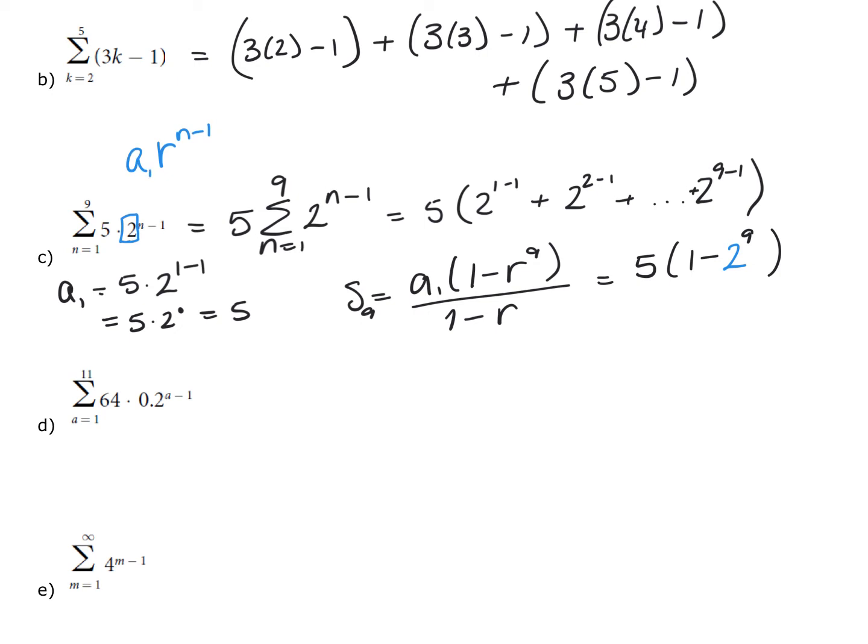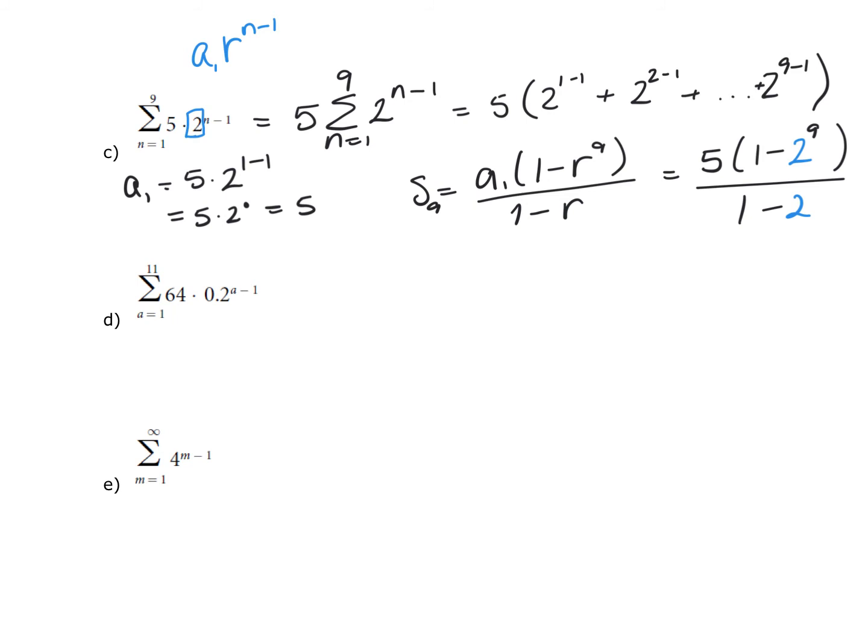If you remember, that's the way we wrote the closed or explicit formula for the geometric sequence. So that holds true here. And then it's going to be divided by 1 minus my ratio again, which is 2. And at this point, this is just an exercise in a calculator.